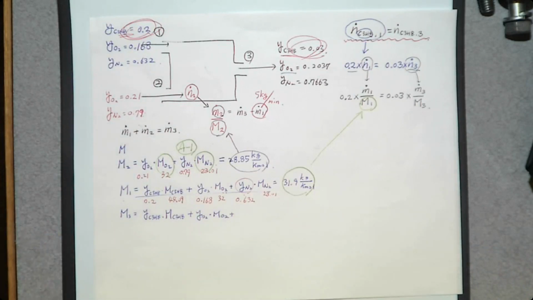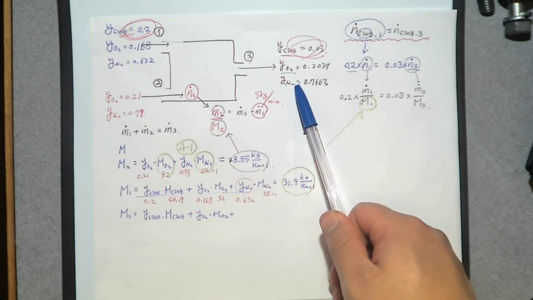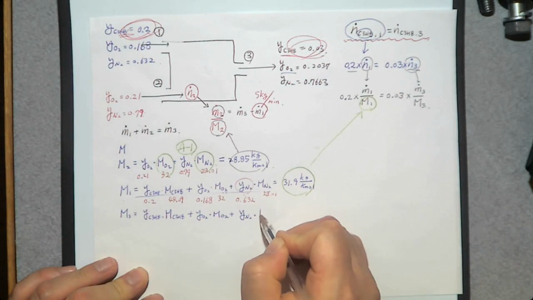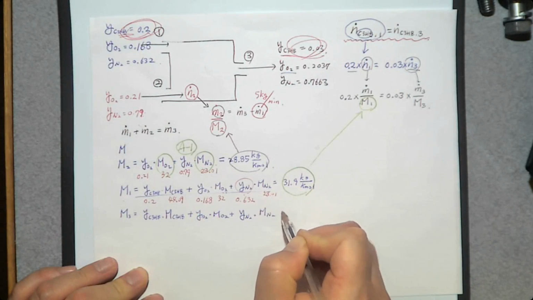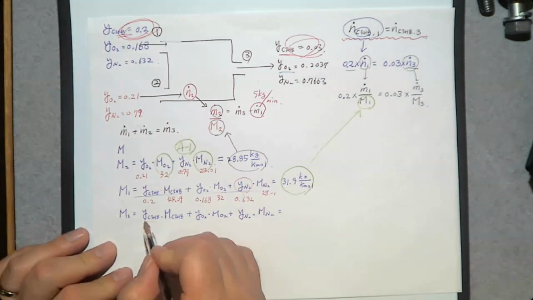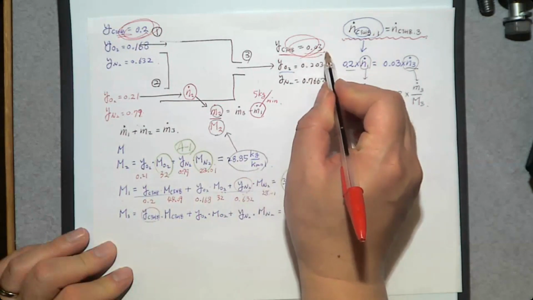The last one is nitrogen. So Y of nitrogen times molecular weight of nitrogen. That's how we can determine the average molecular weight. The mole fraction of propane first, 0.03.